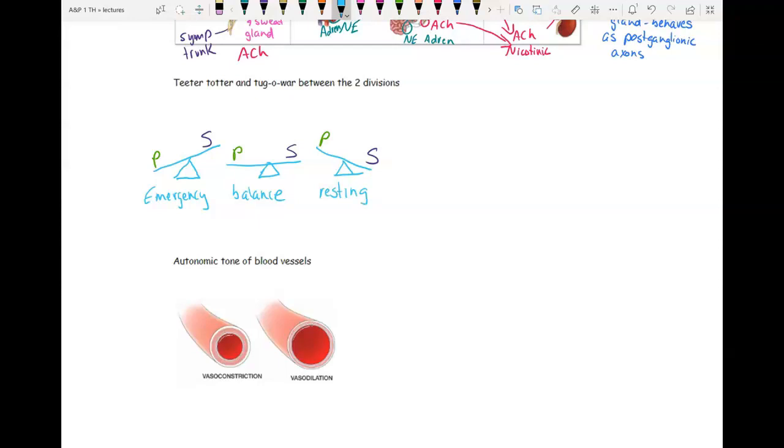The point is that neither one is ever completely gone. You always have both, but when one is higher, the other is lower.